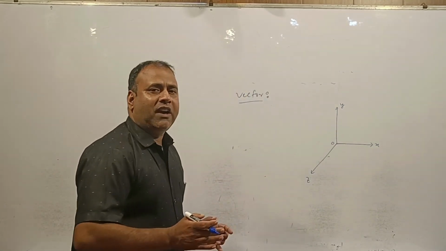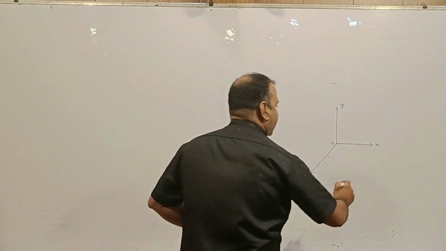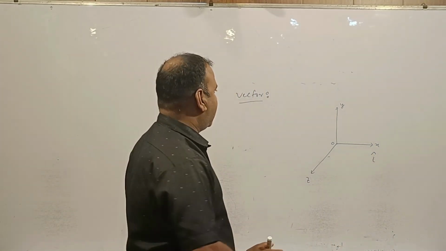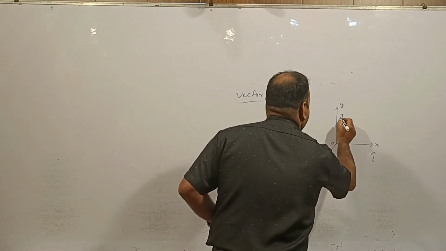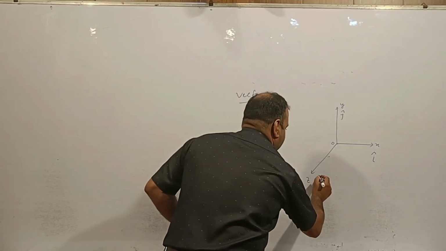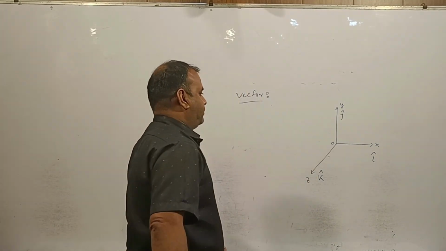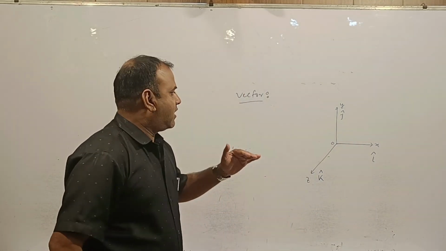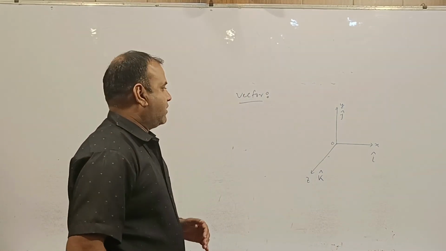When one particle is going in the x direction only, it is represented by i cap. When one particle is going only in the y direction, it is represented by j cap, and along the z direction it is represented by k cap. Here i cap, j cap and k cap basically represent unit vectors.